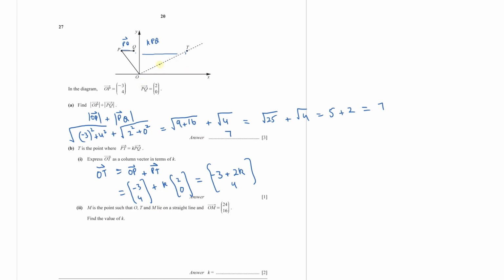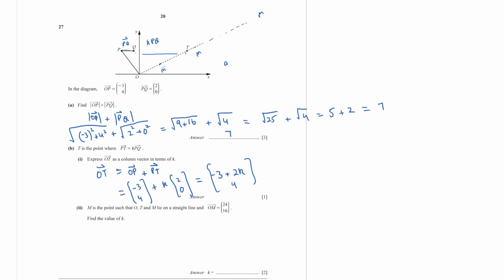That means M lies somewhere on this line. It could be here, it could be far off on this line if you extend it. So M can always be represented as some constant, let's call it A, times OT. If you multiply a constant A with OT, I can get OM.